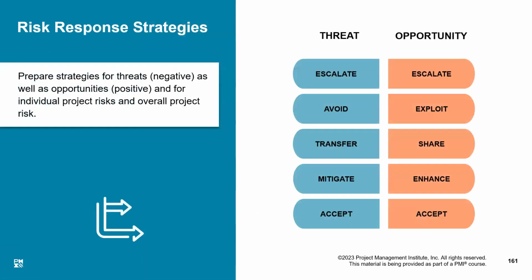These are our various risk strategies: five strategies for dealing with negative risk and five strategies for dealing with opportunity. Incidentally, the first top-level one, escalate, is applicable to threats as well as opportunities.